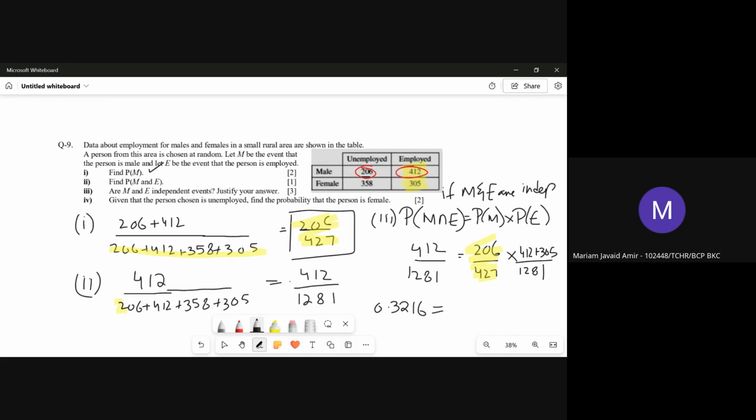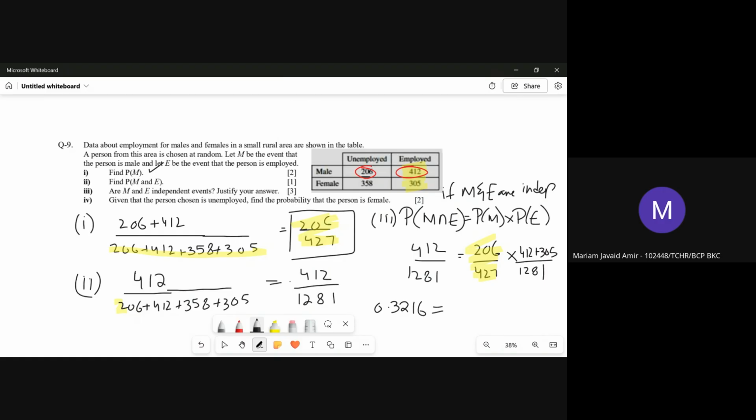Let's see. 206 over 427 times 412 plus 305 divided by 1281.